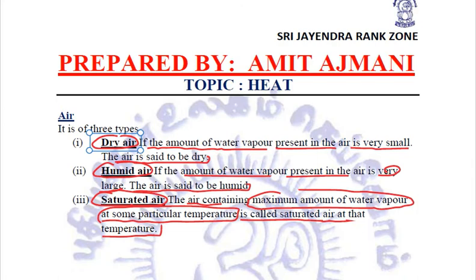No more water vapor can be added to the air at a particular temperature. Then we call that air saturated air. So these are the three types of air: dry air, humid air, and saturated air. And this is all about our basics of the chapter heat.